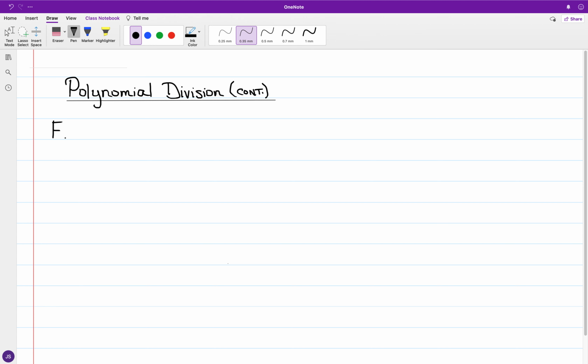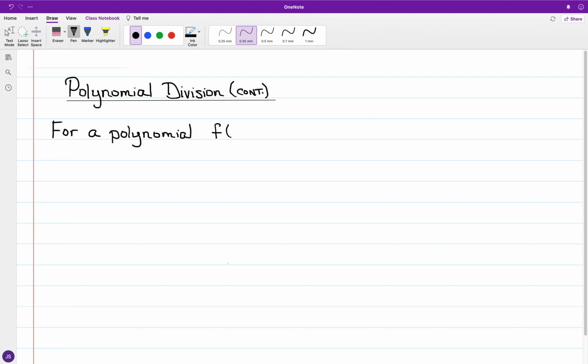Say you have a polynomial. I'm going to set up f of x like what I used in describing the end behavior of the graph of a function.